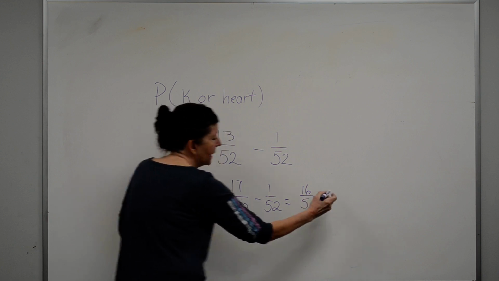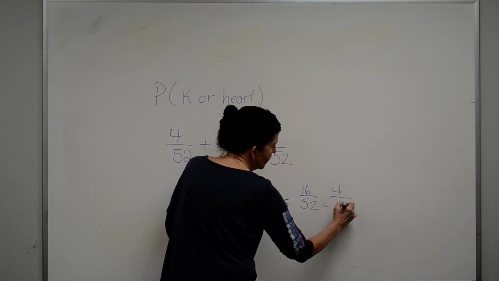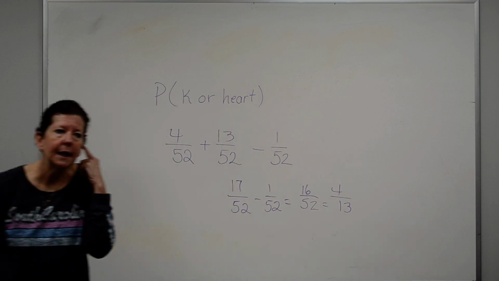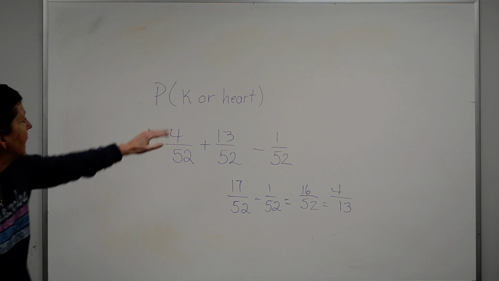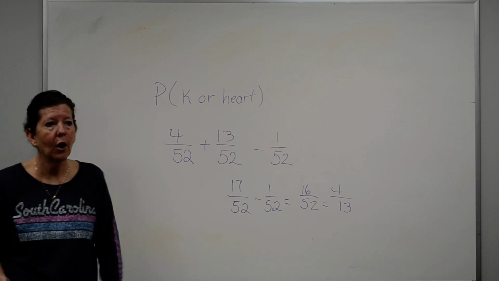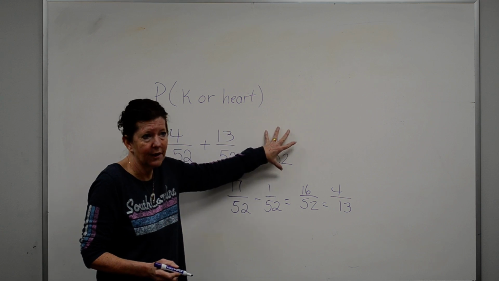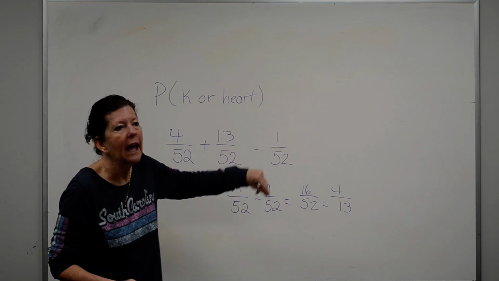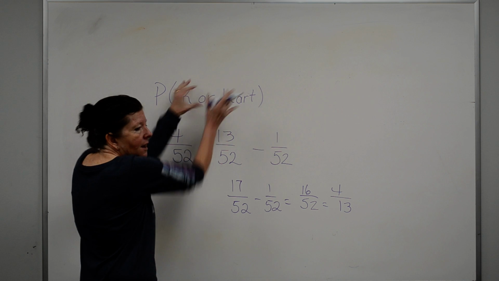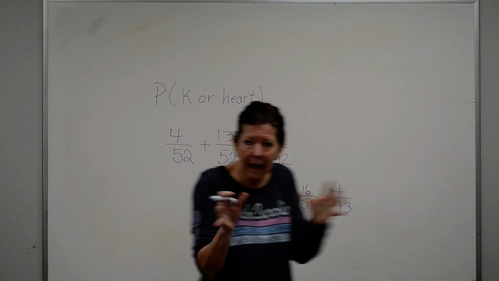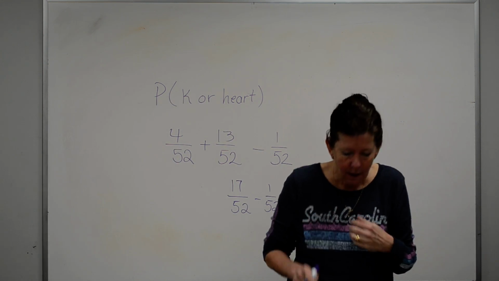I'm going to divide by 4, so it's going to give me 4 over 13. So that would be the probability of getting a king or a heart. It is inclusive, it's not exclusive. Exclusive means one does not affect the other. You can't have both.